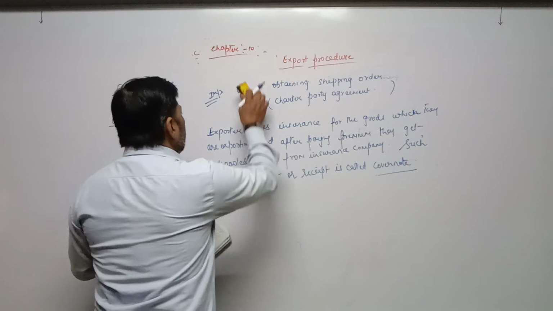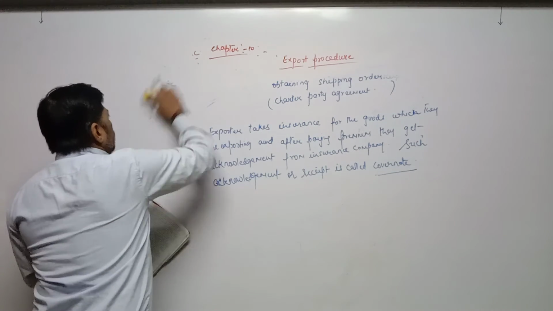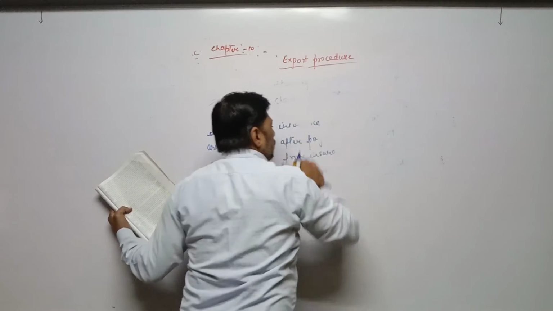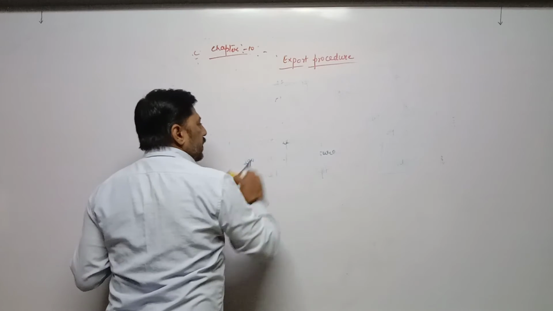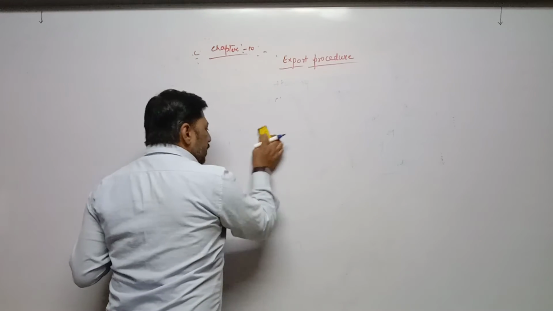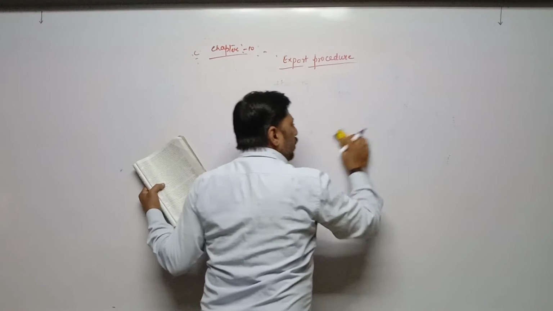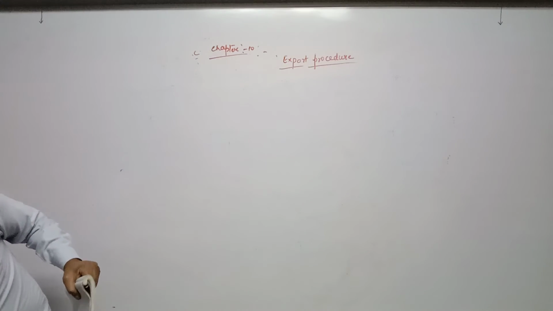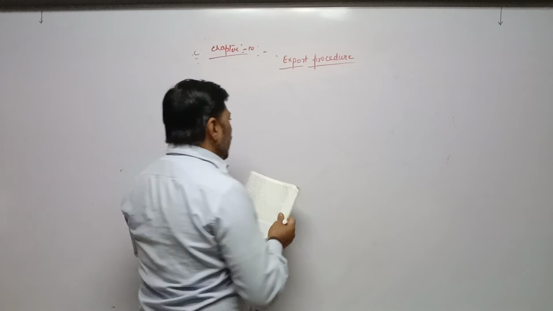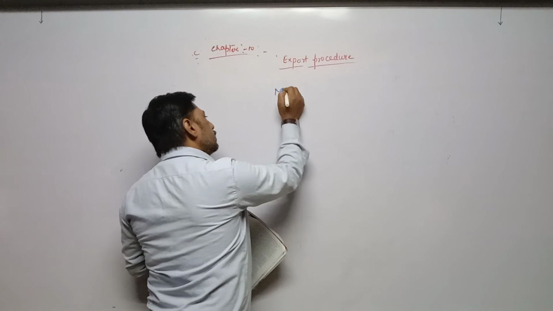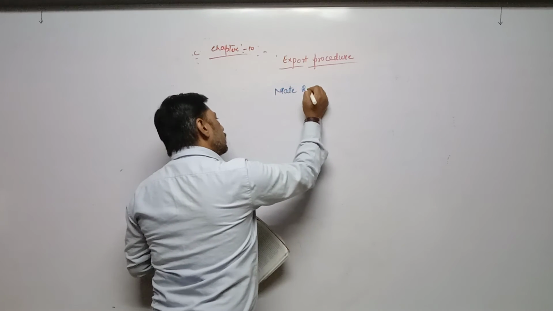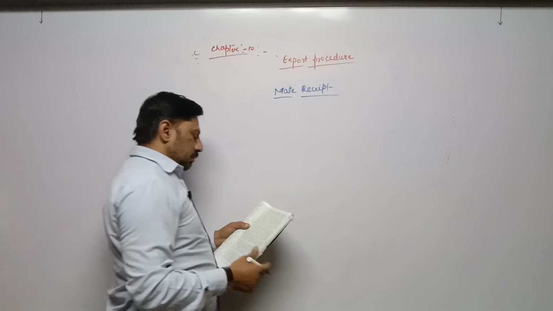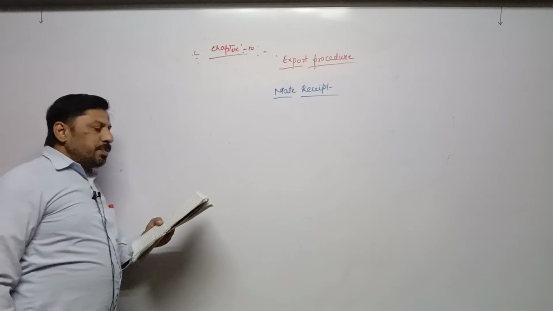Now what is mate receipt? So export house, shipping order means charter party agreement, cover note, and fourth one is mate receipt. Now what is mate receipt?